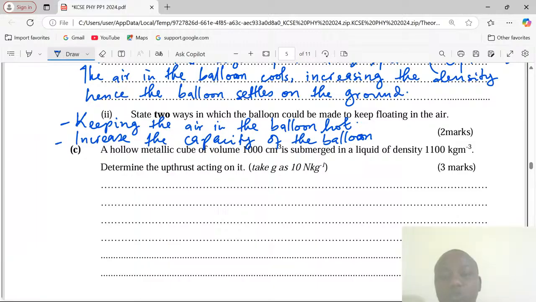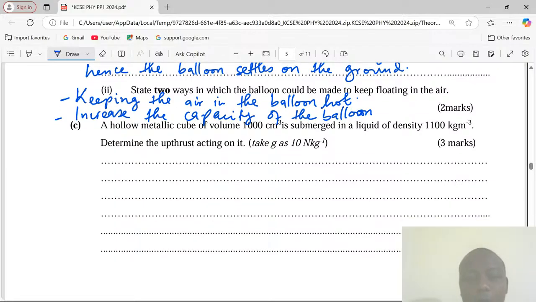Remember, when the capacity of the balloon is increased, this will make the balloon displace more air, and hence it is going to experience a greater upthrust that will make it keep afloat. That is what you're supposed to know. Remember, upthrust is the same as the weight of the air displaced. Therefore, we will have the balloon floating.